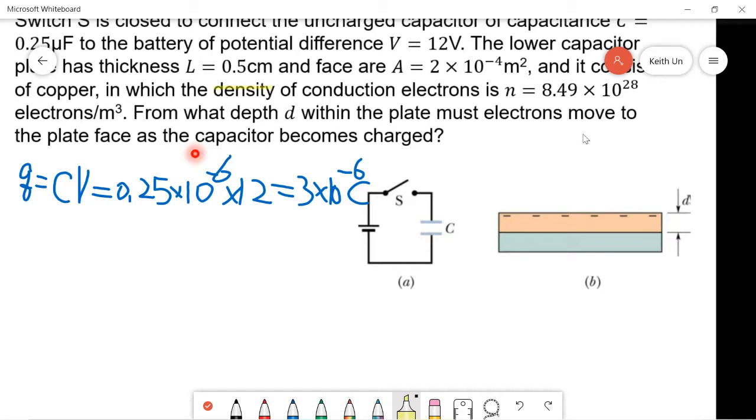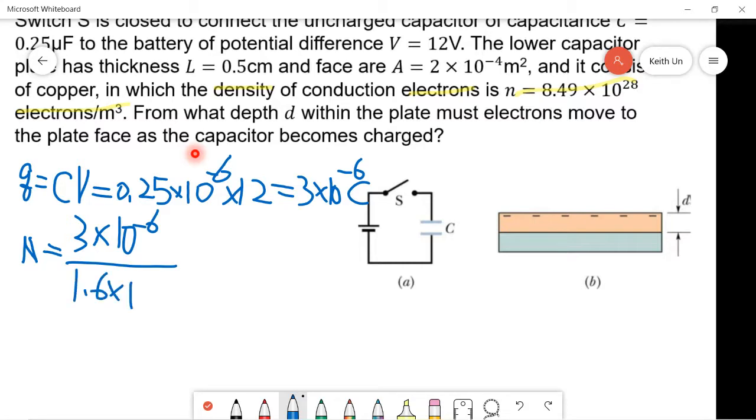As we know, the density of the electrons is this one. We want to calculate how many electrons there are for this charge, which is n equals 3 times 10 to the minus 6 over 1.6 times 10 to the minus 19, which is the charge of a single electron.